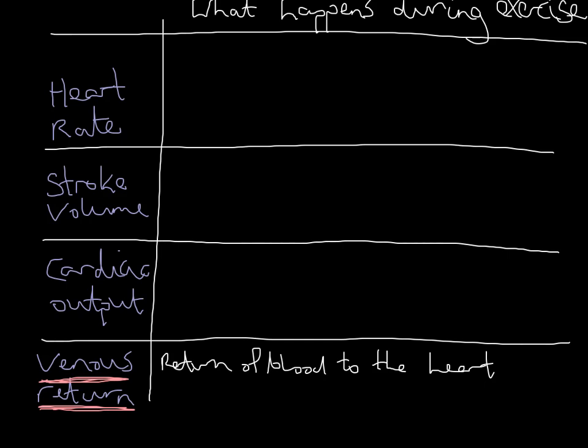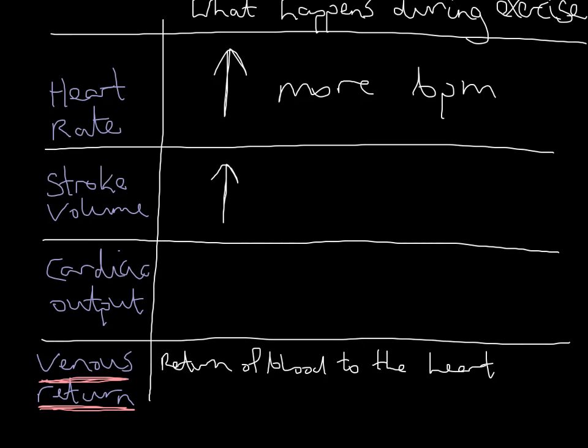Now, what happens to each of these during exercise? Heart rate obviously increases. More BPM, more beats per minute. As you exercise, heart rate increases. We know that. Now, what you might not know is this. Stroke volume also increases.